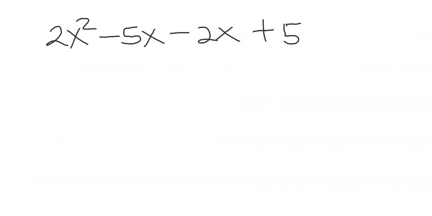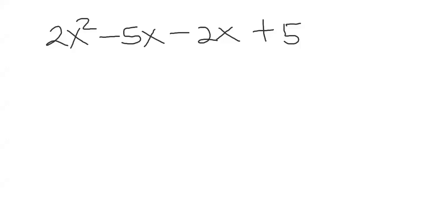Because we have 4 terms, there is a high possibility that the method that we are going to use here is factorizing by grouping. But remember what I said, it's not always the case that whenever you have 4 terms, you're going to factorize by grouping. But most of the time, if you have 4 terms, you are going to factorize by grouping.